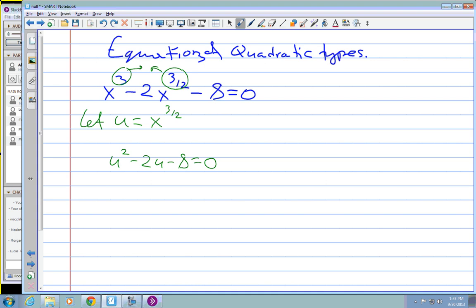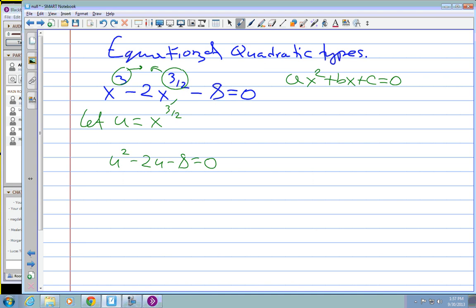But again, when you see a pattern where one power is double of another, that means you're looking at a quadratic equation, where one power is the square of another. This is called an equation of quadratic type. The way we solve them, we make a little substitution first.